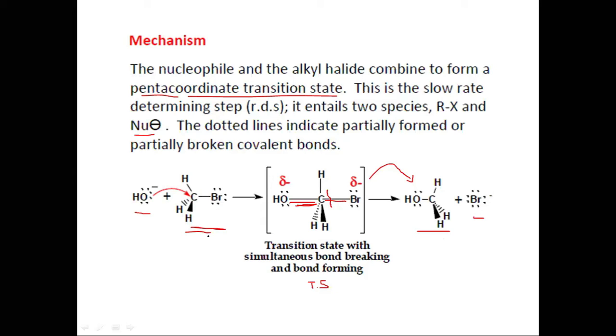If it is in the R configuration, optically active form, then after the reaction you will have S. Suppose you start with S, then you will have R. Inversion takes place during the reaction between the nucleophile and the optically active substrate.